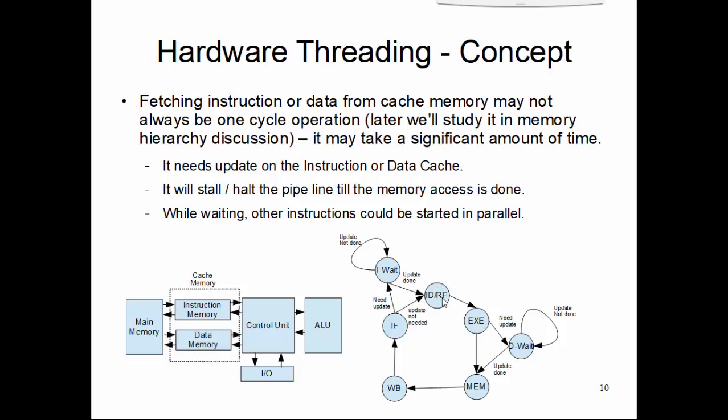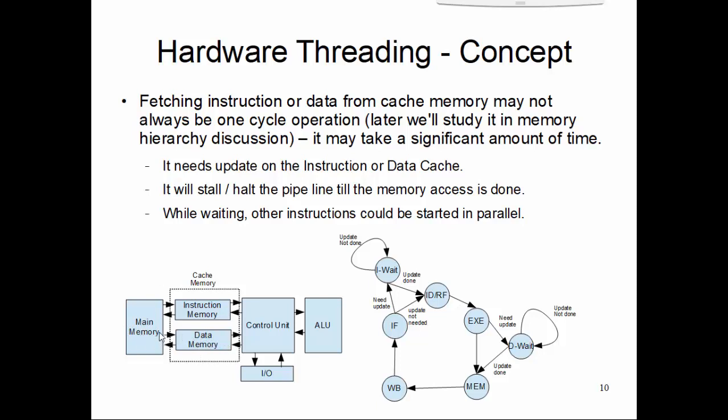Similar thing happens if after the execution phase, there is a load word or store word kind of instruction to be done, and that part of the data is not in your data memory, then your processor needs to go into the data wait state till the memory system updates your data memory, bringing back those corresponding data from the main memory.